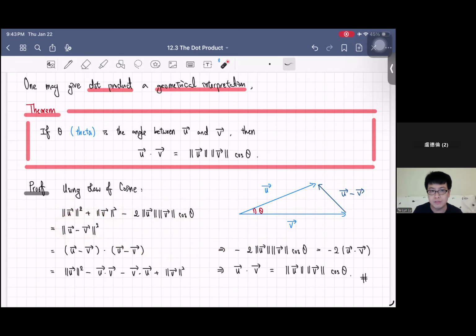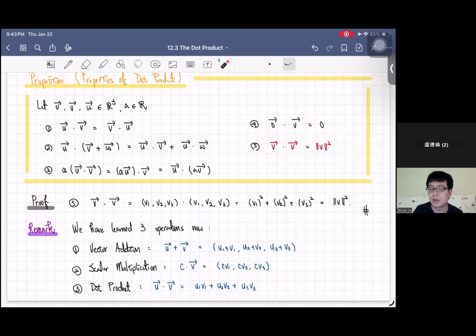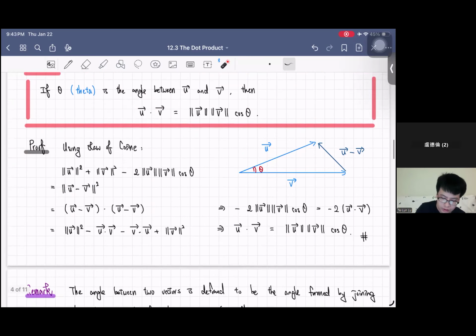We've seen in the previous proposition that for any vector, the dot product of the vector with itself is its magnitude squared. So in this case, the magnitude of U minus V squared will be U minus V dot U minus V. Be careful, this is the dot product, that is the scalar product, okay? It is an operation between vector and vector.